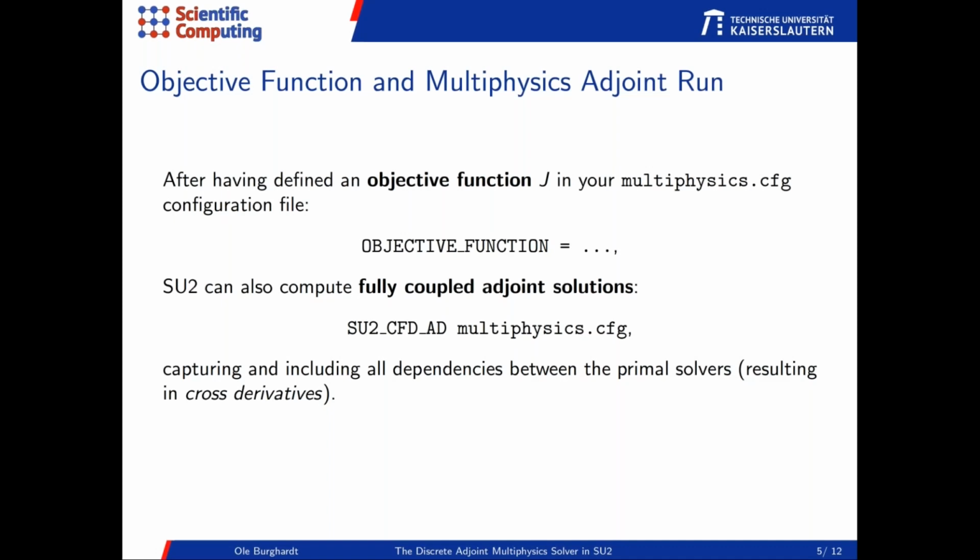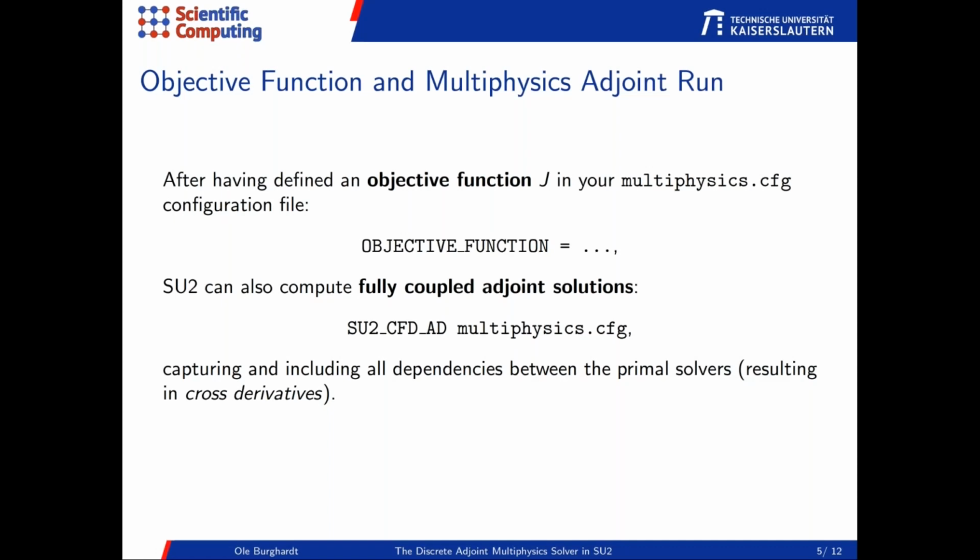That would then capture and include all dependencies between the primal solvers that would later result in cross derivatives. What this last sentence hints at is that it's intuitively clear that if a coupling was included in the primal simulation, this must be somehow reflected in the adjoint computation. And it's clear that the multiphysics adjoint solution won't just be the concatenation of individual zone-wise adjoint solutions.